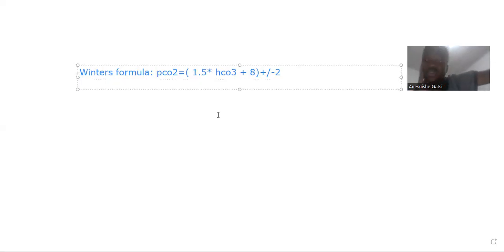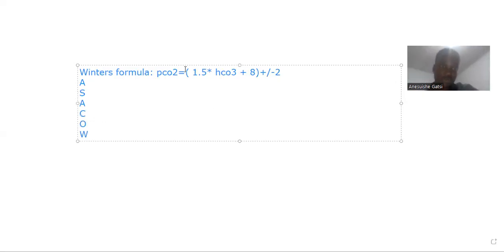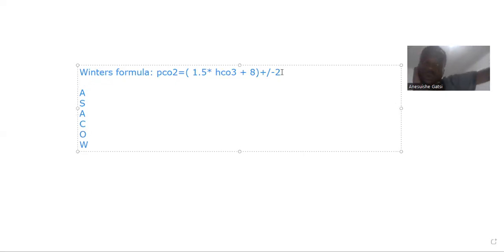This is the mnemonic that we use for causes of respiratory acidosis. So as a cow: airway obstruction, sedative use. Sedatives can also actually compress the respiratory center.